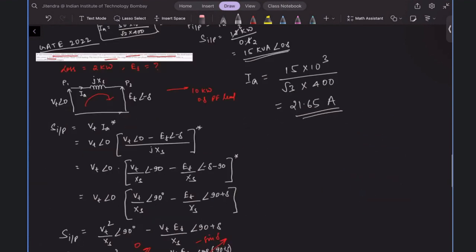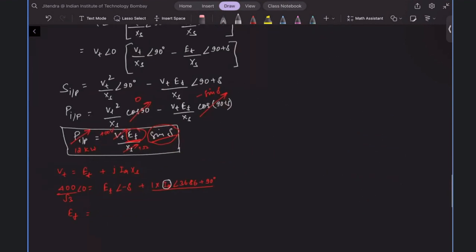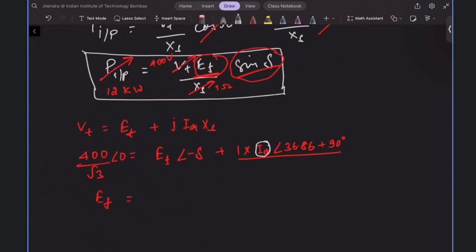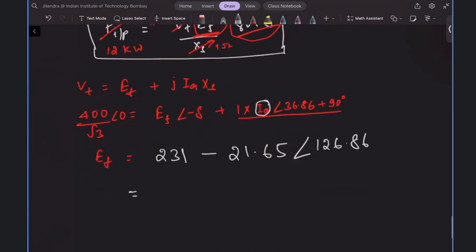Okay. So now we have found out the armature current at that particular condition. We can just plug in here, right? 400 by root 3 will be 231 minus IA. We have found out 21.65 angle 90 plus 36, 126.86. So whatever your answer will be, that will be the magnitude of phase voltage of excitation EMF.